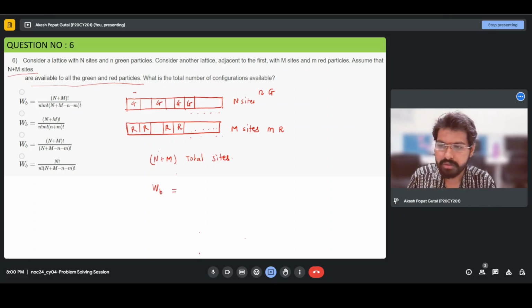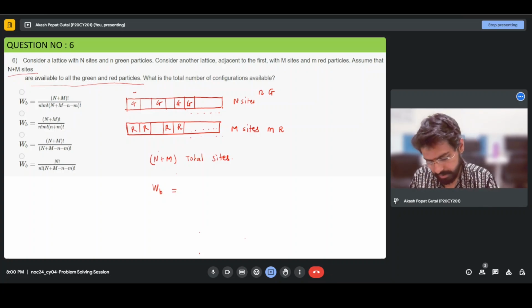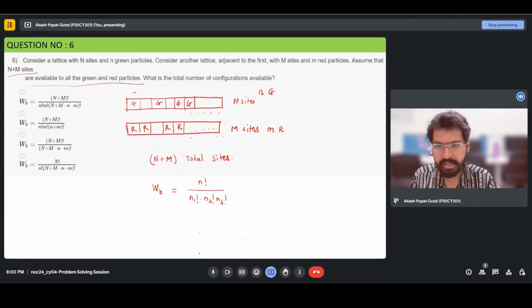So we know, suppose we have n number of sites, then the same formula: n factorial divided by n1 factorial, n2 factorial, n3 factorial, where n1, n2, n3 are types of particles. Okay.